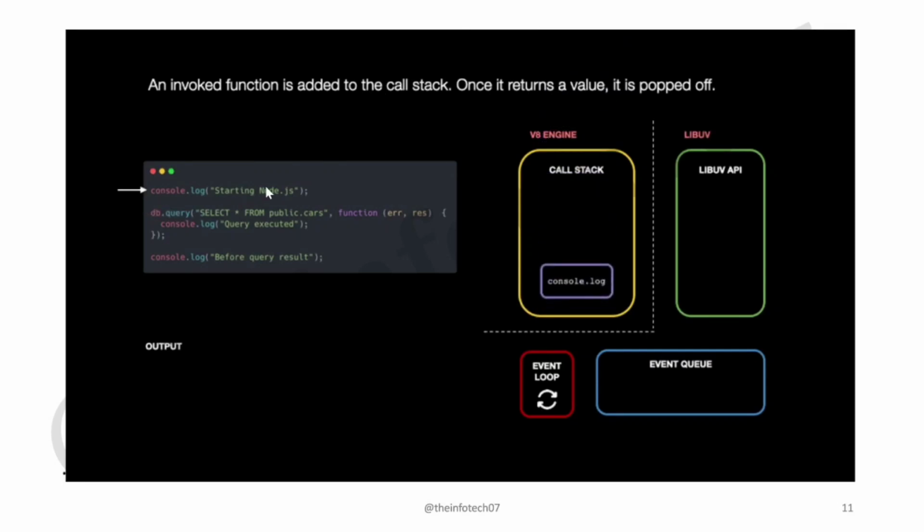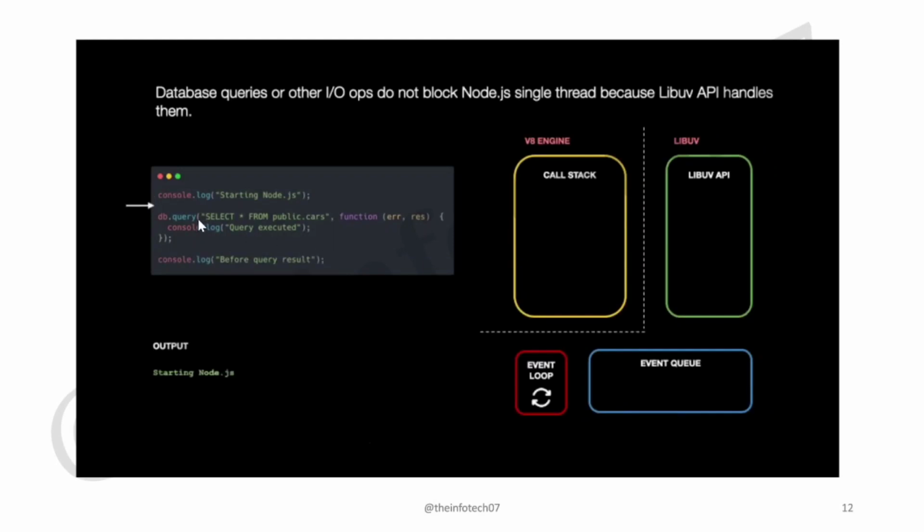When console.log starting Node.js executes, it goes to the call stack and is popped out after execution. Then db.query gets a chance to execute, and as it is asynchronous code, it is sent to the libuv API, and the call stack is then empty.